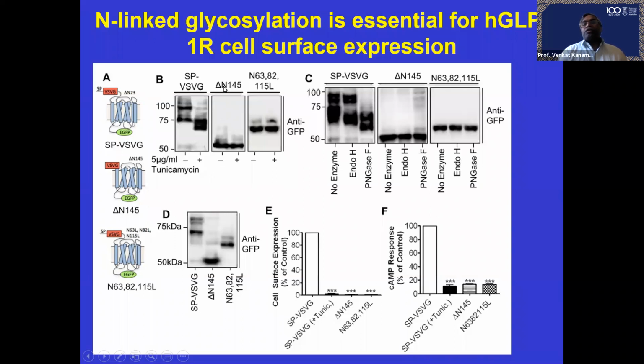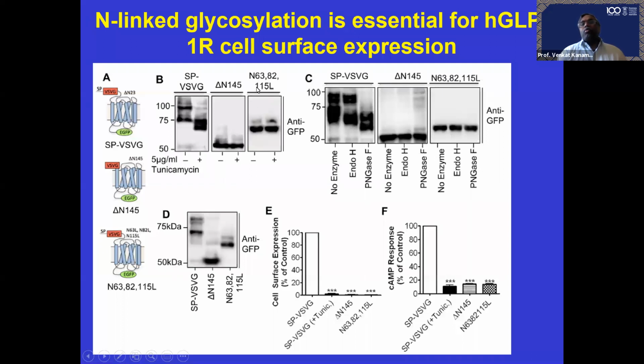Whereas if you delete the N-terminus 145 amino acids, which contains all the required glycosylation sites, then it no longer undergoes N-glycosylation. Therefore, there's no shift in mobility because there's no glycosylation to start with, and it cannot be inhibited further by tunicamycin.